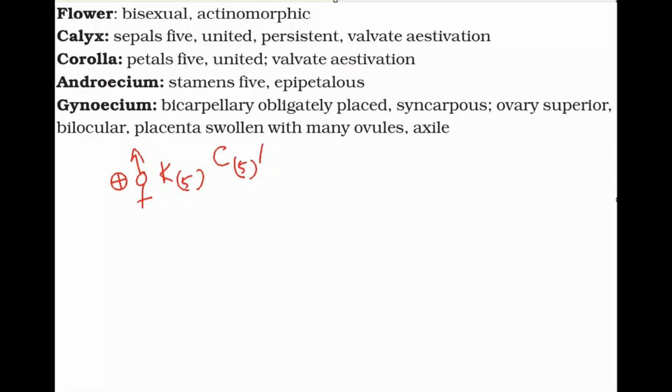Androecium stamens 5, they are epipetalous. So that means petals are attached with stamens. Gynoecium bicarpellary, obliquely placed, syncarpous, ovary superior. Bilocular, placenta swollen with many ovules. So this should be the floral formula.